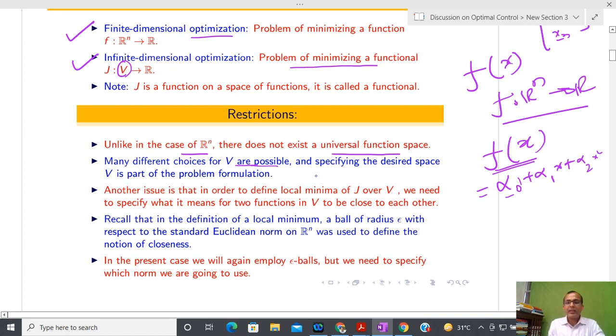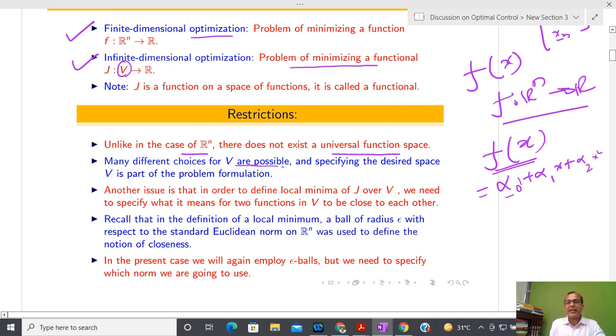Whenever we are solving an infinite dimensional optimization problem, since I have infinitely many choices, I have to clearly specify what kind of space we are going to consider.